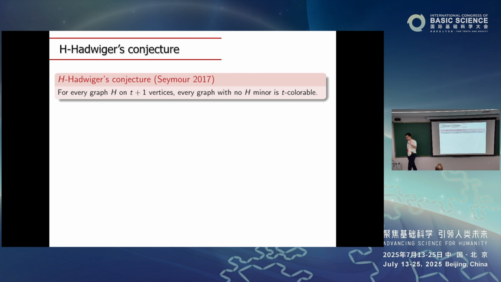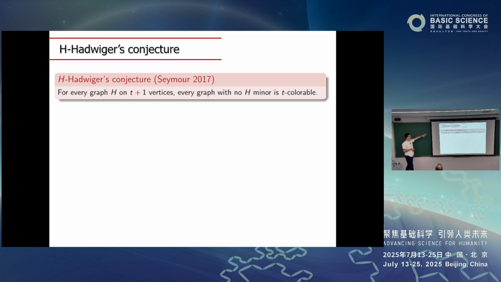When the graph is complete, it's Hadwiger's conjecture. But for other graphs, this whole palette of conjectures is referred to as Seymour's H-Hadwiger conjecture. So for any graph on t plus 1 vertices, excluding this graph as a minor should make it t-colorable, and that should be optimum.